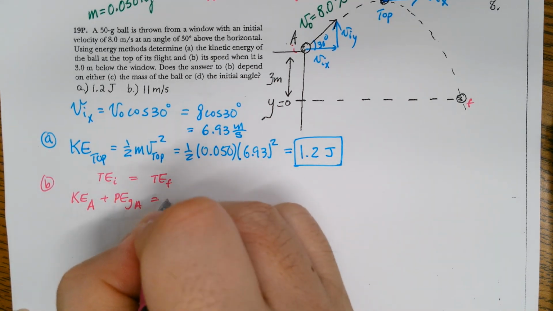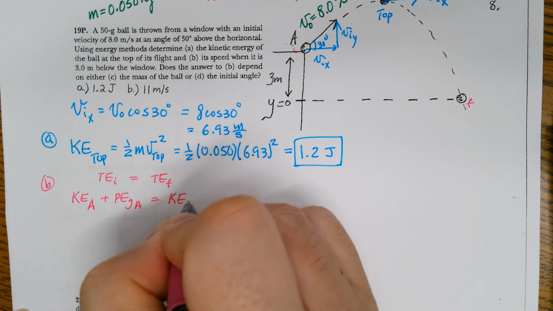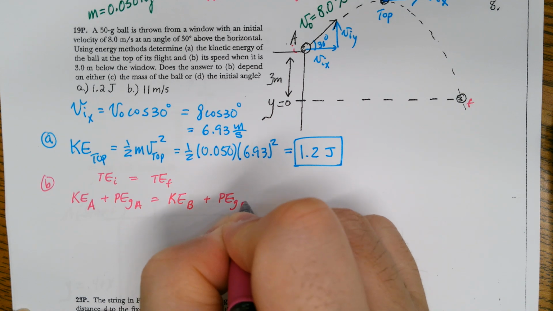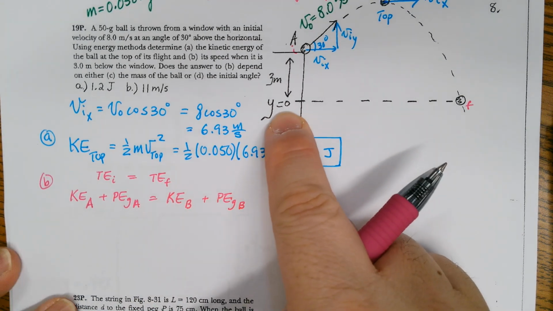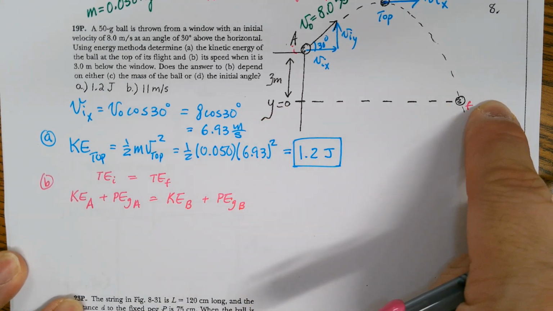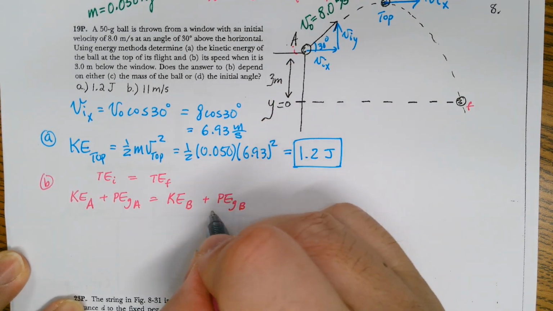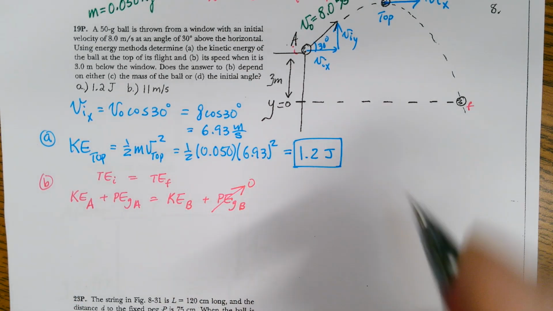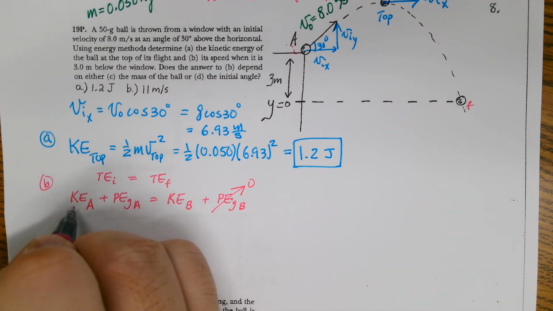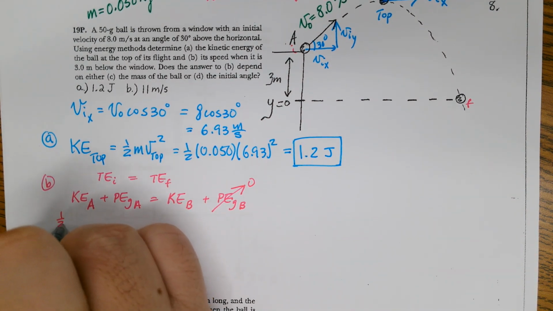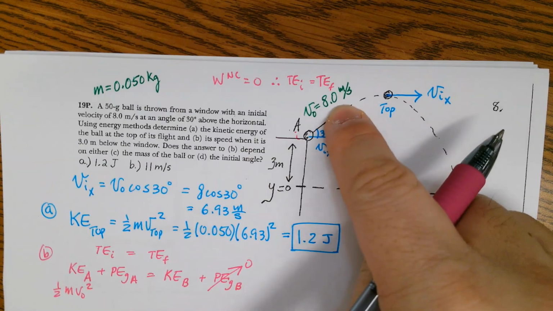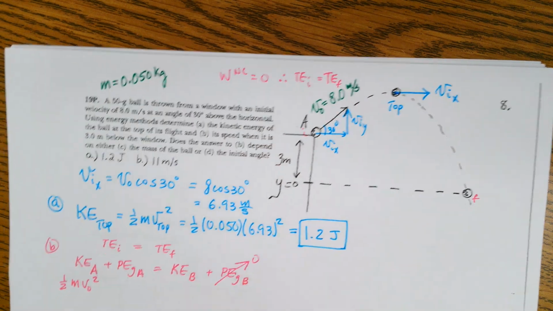That is equal to kinetic energy at B plus the gravitational potential energy at B. Since we're going to consider this to be our 0 at the final location, which is 3 meters below the starting point, our gravitational potential energy at B is 0. However, I do have kinetic energy here, which is 1/2 mv0 squared. And that v0 is 8, because we're looking at just speed.